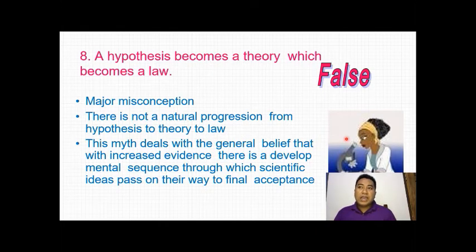A theory is something with a more reliable source, based on something that is observed, but it does not define or describe the thing being observed. While a law is the description or the correct statement of the thing being observed. So this is the very common misconception of science teachers when it comes to defining what a hypothesis is.